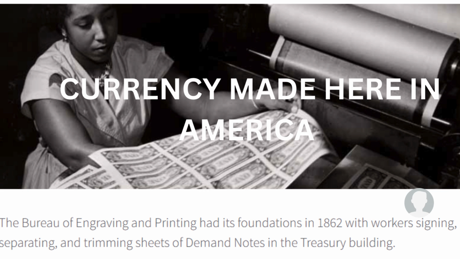The Treasury Department: the Secretary of the Treasury oversees the BEP and ensures that the currency production aligns with the government's financial policies. Commercial bank withdrawal: commercial banks withdraw currency from the Federal Reserve to meet the demand of their customers, businesses, and consumers.